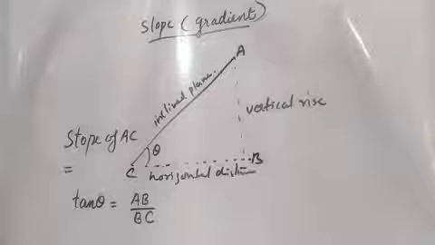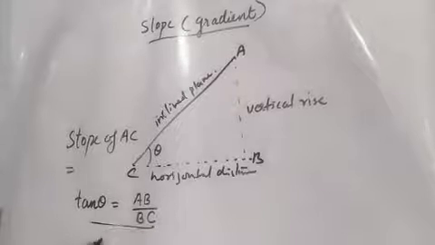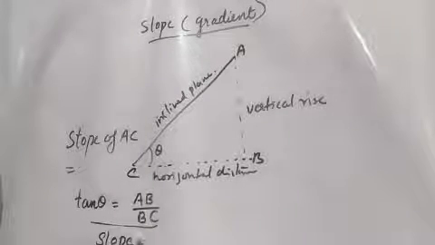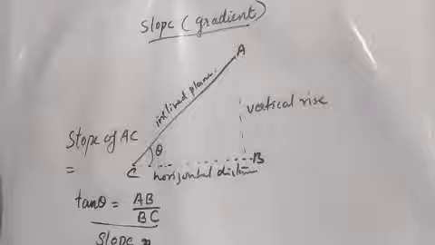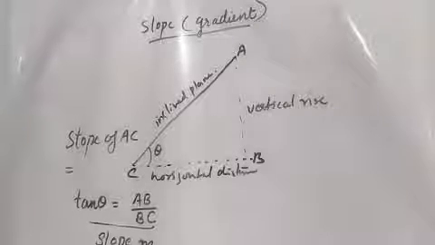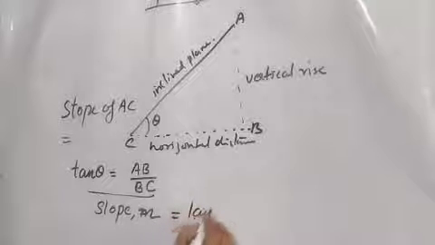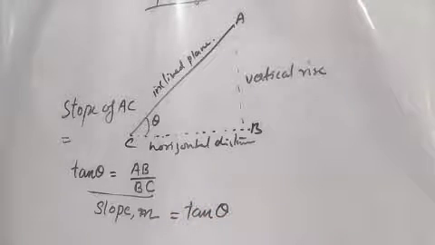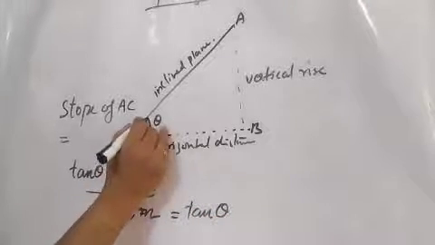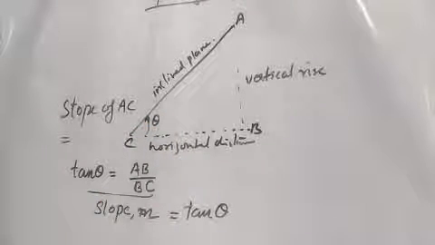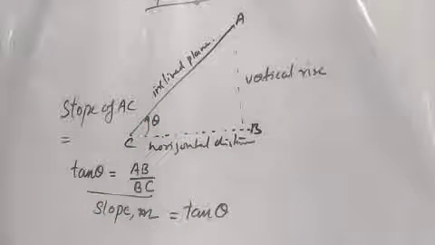Okay, so how can we find the slope of a line? Slope is represented using a small letter m. So slope m is equal to tan theta, that means the tan value of the inclination. Inclination is the angle between the horizontal and that inclined plane. So the tan value of the inclination gives the slope of a plane.